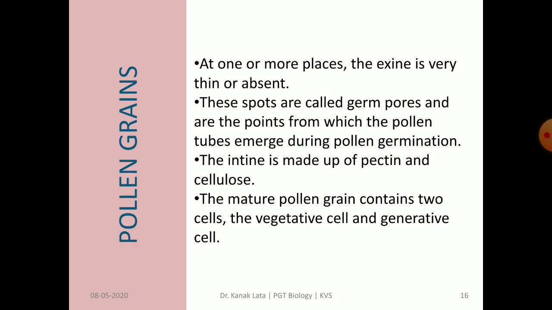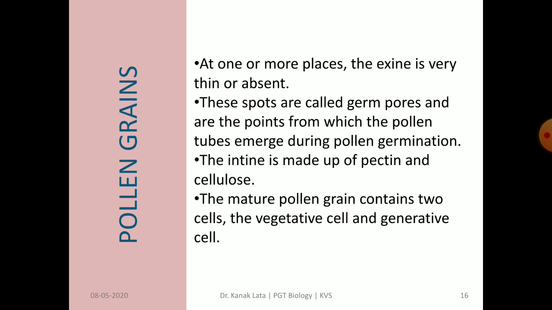Exine is not uniform at every place. At 1 or 2 places it is very thin, and these are the points from where the pollen tube emerges during the germination of pollen grains.